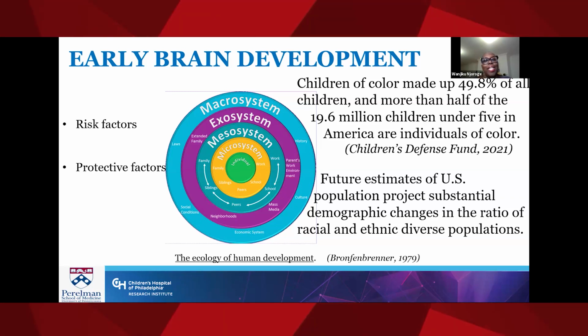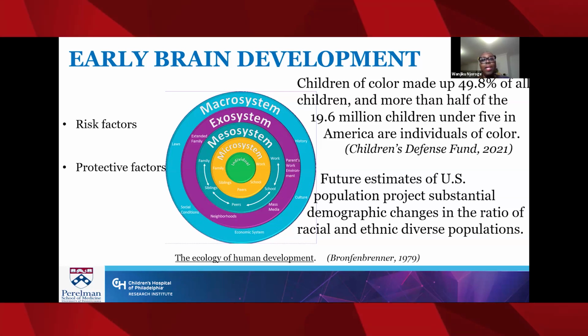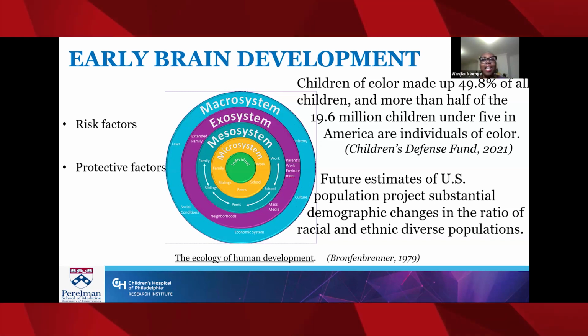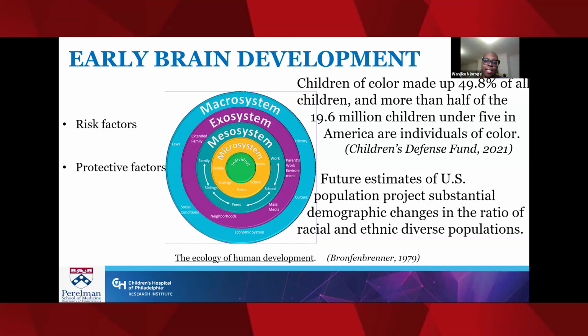And yet I go back to it again and again and again, because if we're trying to really help and support families with very young children, we need to recognize where children are living and the systems in which they're interacting, understanding there are multiple systems happening simultaneously, and also recognizing this is all happening in a context of children under the age of 18 who are more diverse than ever in the history of the United States. And so recognizing that children under 18 from diverse backgrounds have very different experiences.